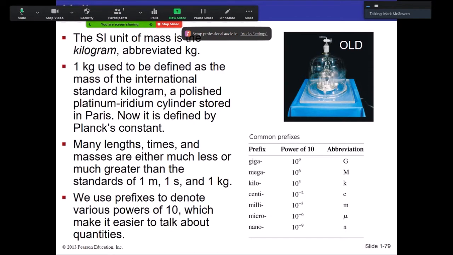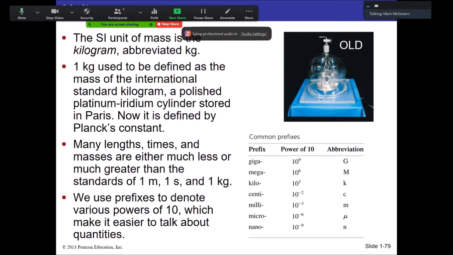The kilogram had a change in standard a couple of years ago or so. It used to be defined as the mass of a particular alloy of platinum and iridium. It was put into a cylinder, stored in a national standards lab in Paris.